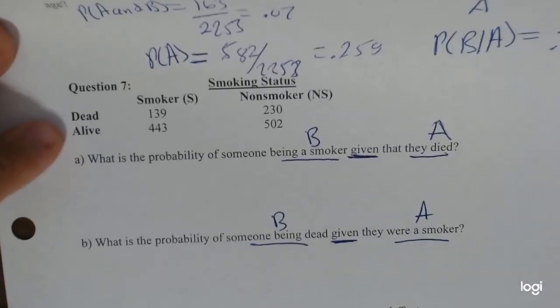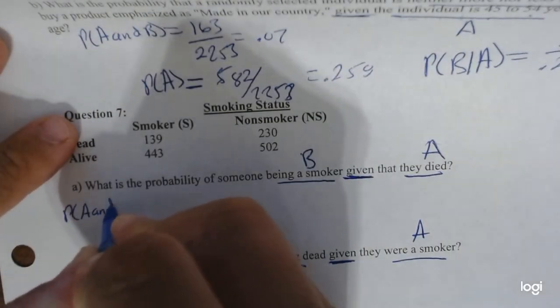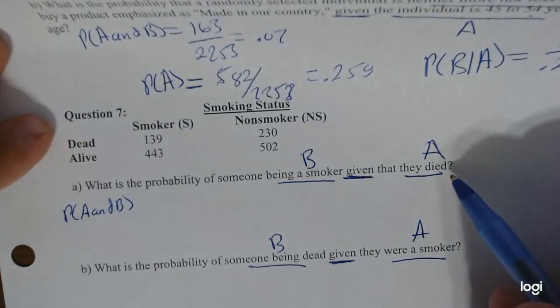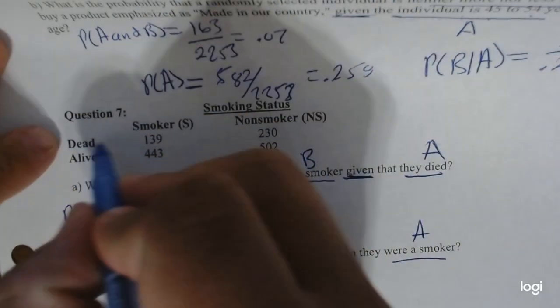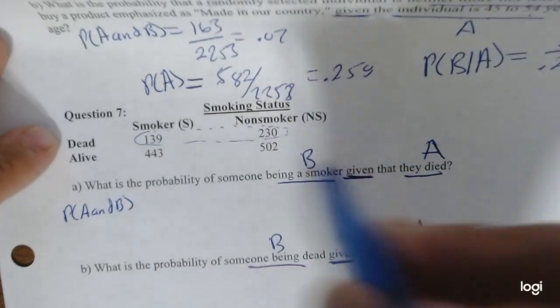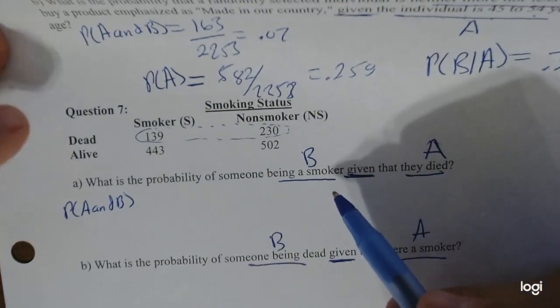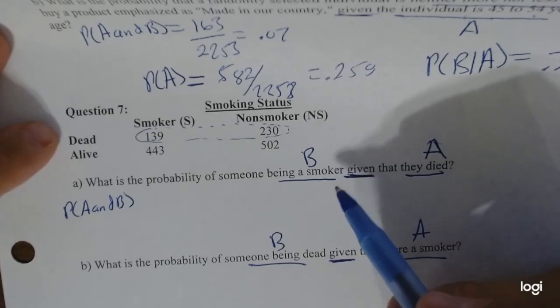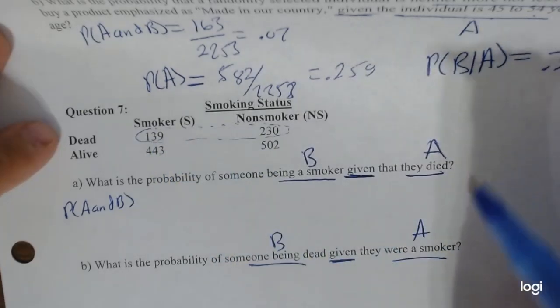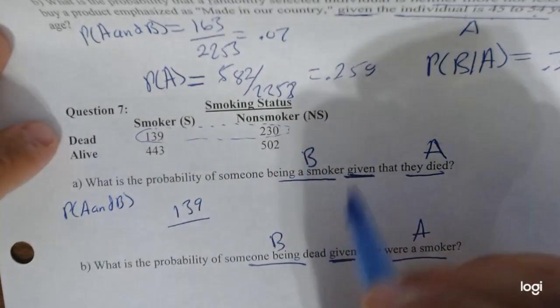So again, going back, we want A and B. So what's the probability of A and B? So how many people died and also were smokers? 139. So 139 out of a total of everybody put together.